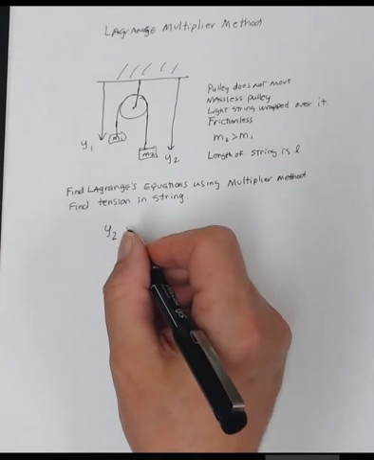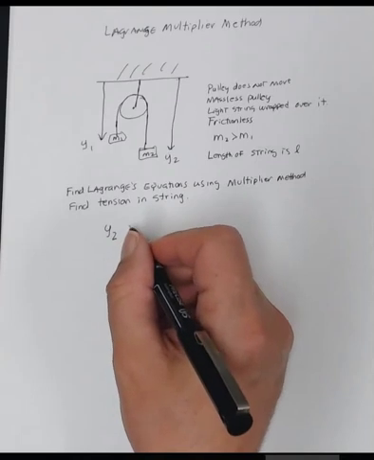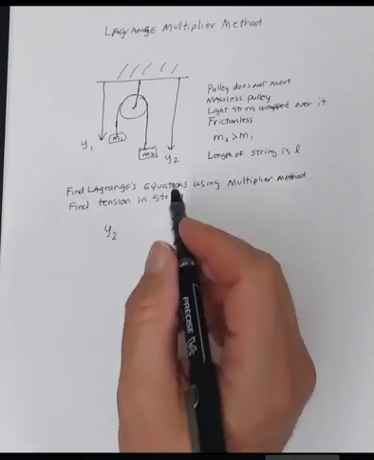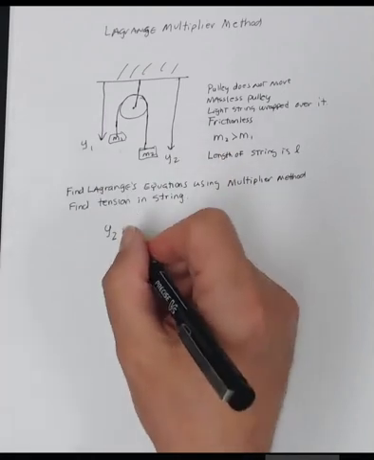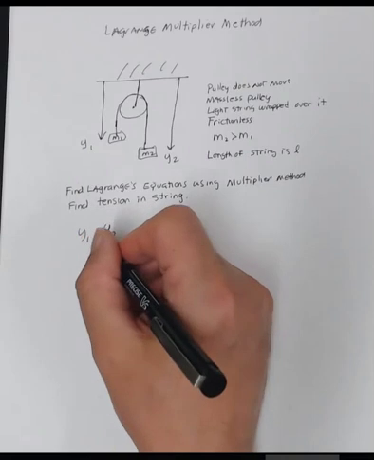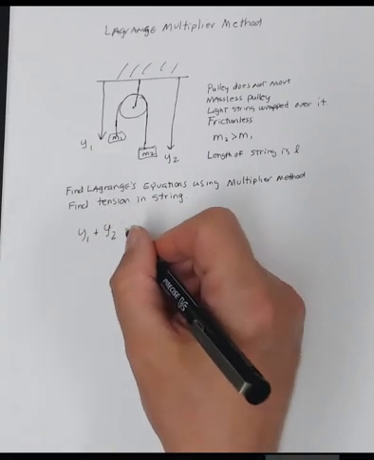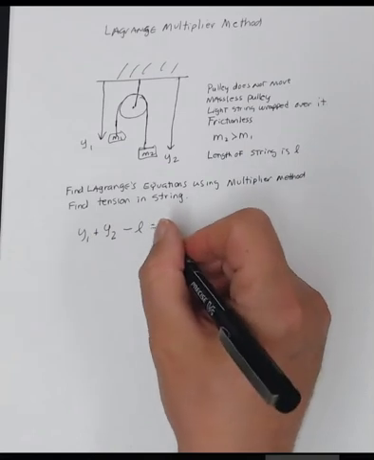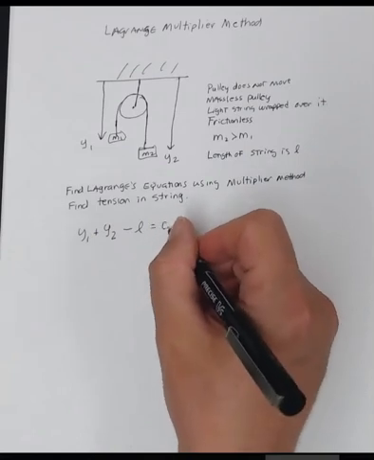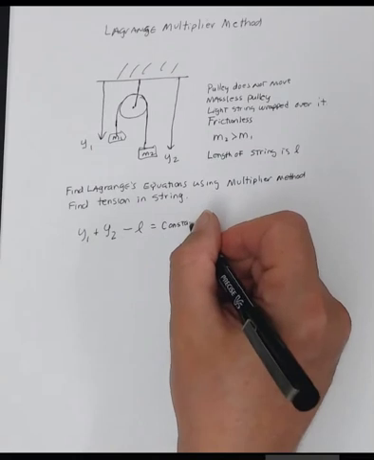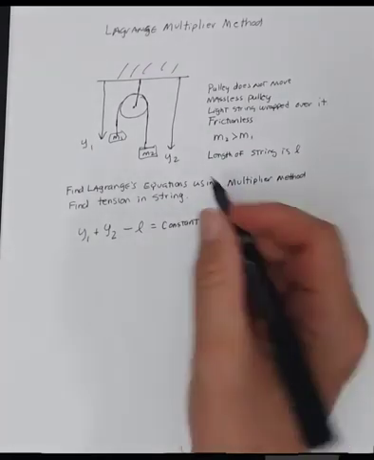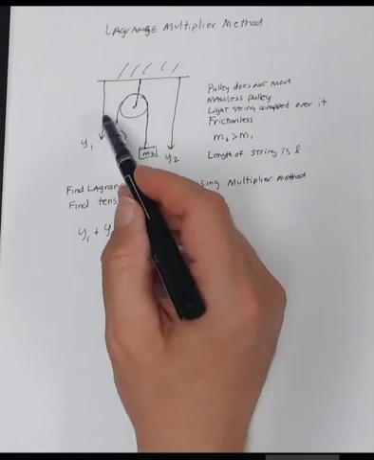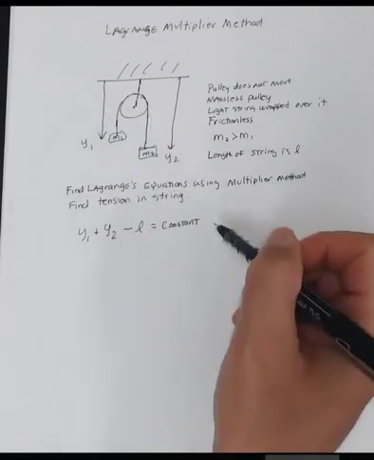If I add up y2 and y1 and subtract L, it should be equal to some constant, which I'll just call C. So whatever y2 and y1 are, if I subtract the length, it ought to equal some constant.